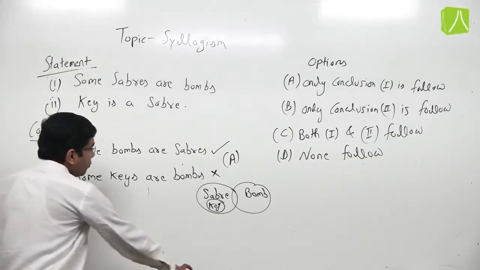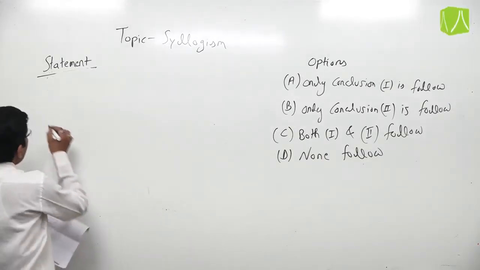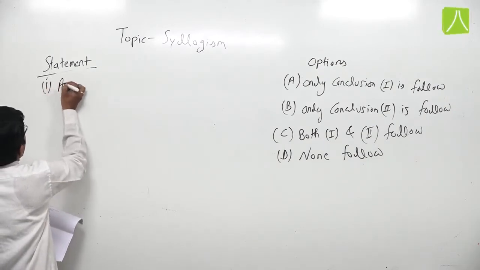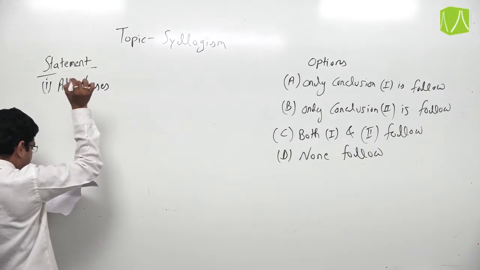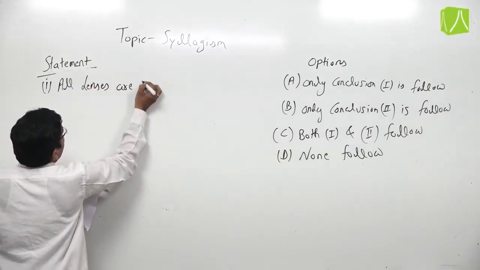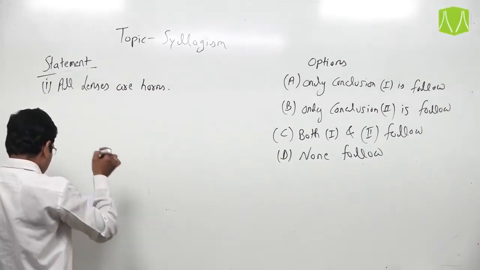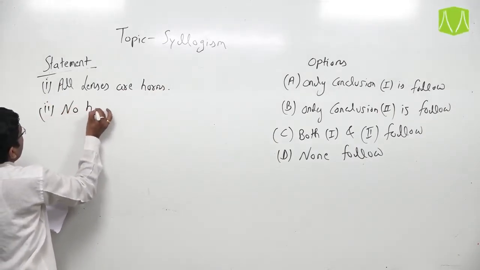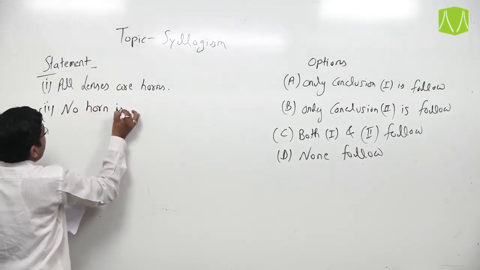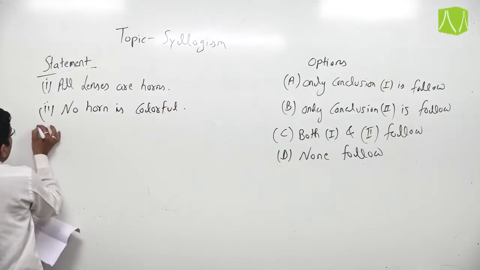Take the next example. Statement: all lenses are horns. And second statement: no horn is colorful.